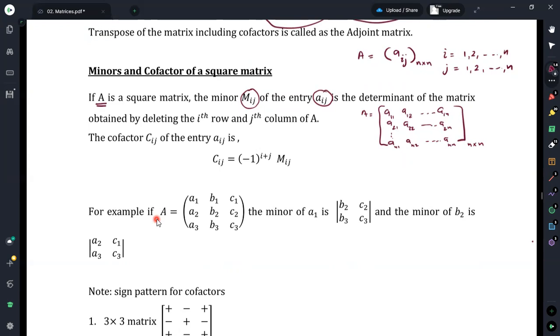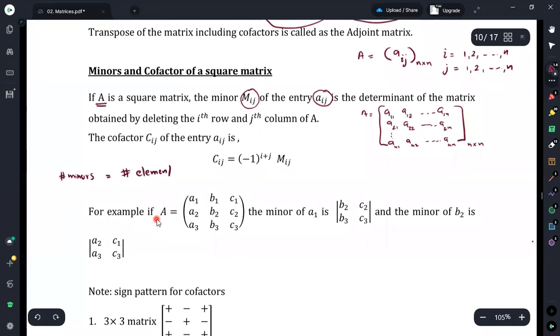The number of minors should be equal to the number of elements in the matrix. Now you can see that there are 9 elements. Therefore, there should be 9 minors for this matrix.